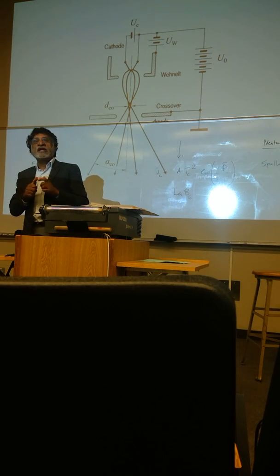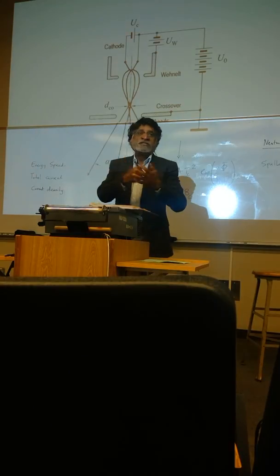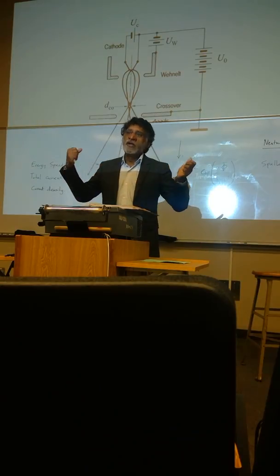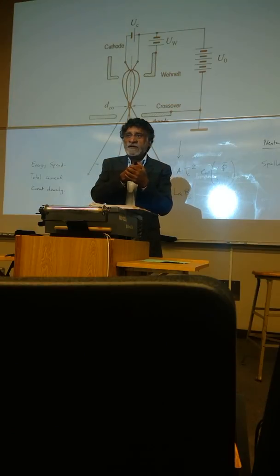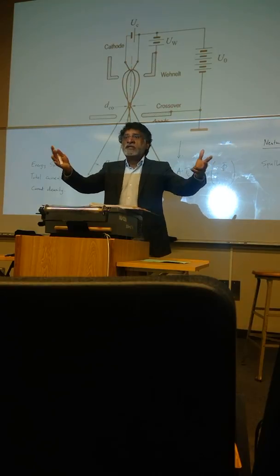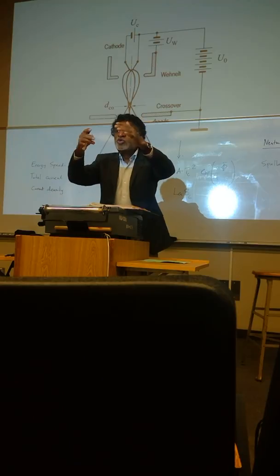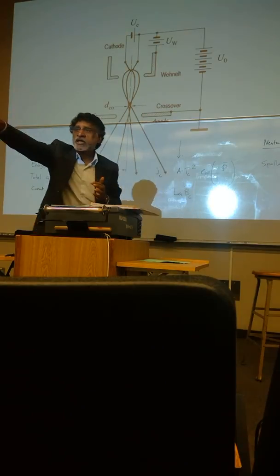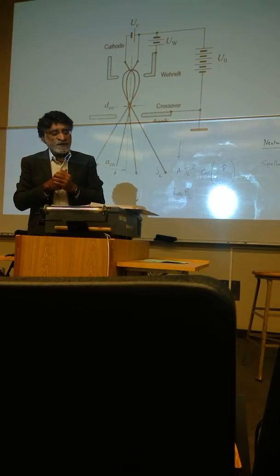Basically, you hit a metal target, which can be beryllium or mercury, with high energy protons, and it gives out neutrons. Then you can collimate them using some sort of crystal and produce only a certain wavelength by diffraction of those neutrons.